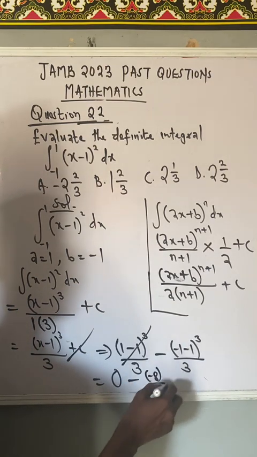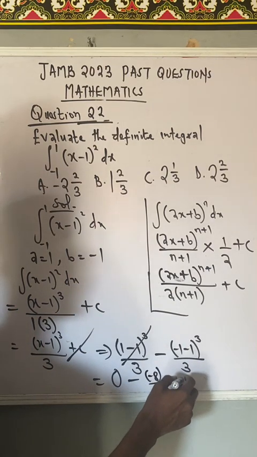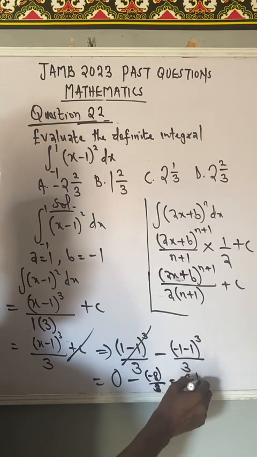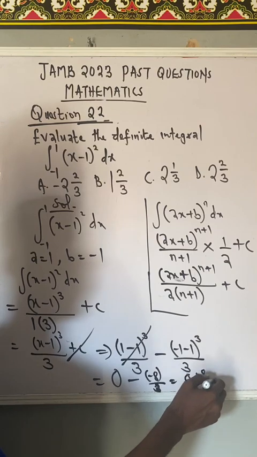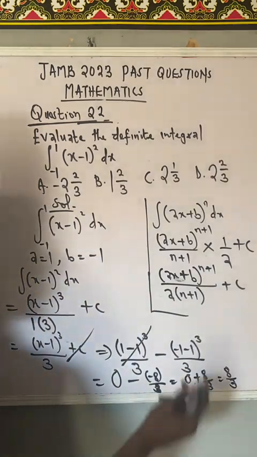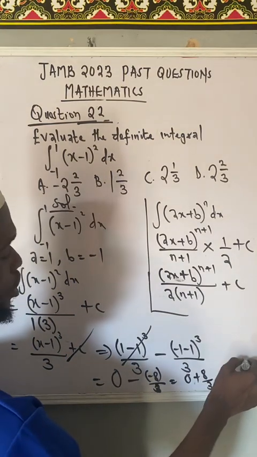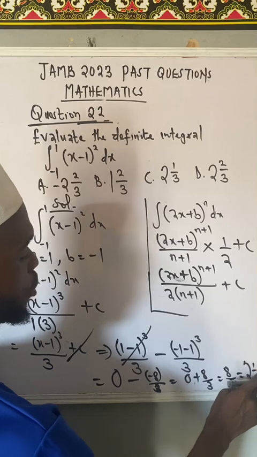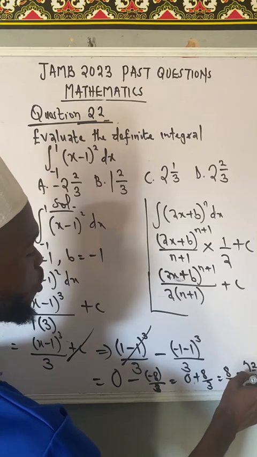Everything divided by 3. So finally, 0 minus minus 8 over 3 will give me 0 plus 8 over 3. The answer is 8 over 3, which can be written as a mixed fraction as 2 whole number 2 over 3.